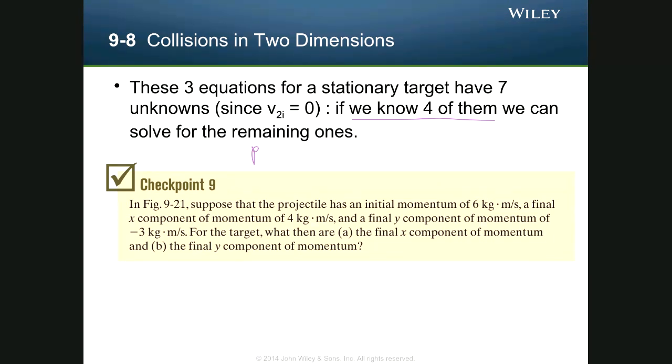So you have px initial equals px final, and you have py initial equals py final. So you won't have to break things down into components, but this will be how you solve it.